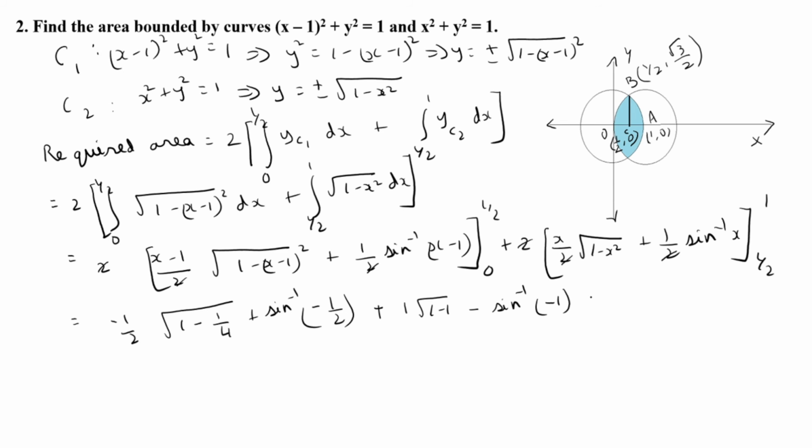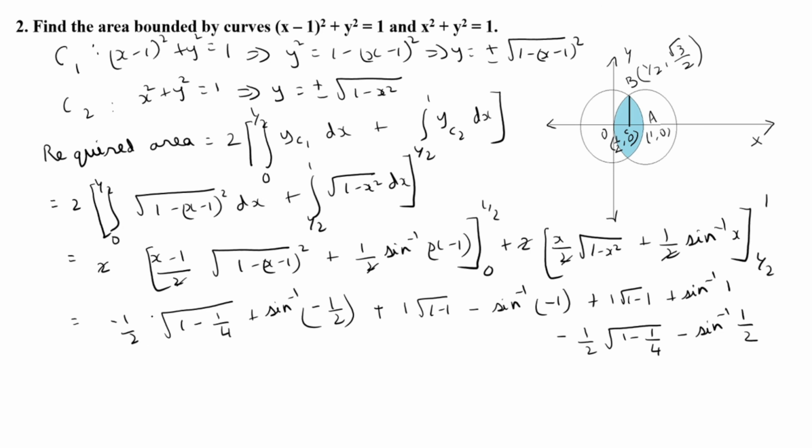Here we will have plus 1 into root of 1 minus 1, which is 0, plus sine inverse of 1, minus half into root of 1 minus half square is 1 by 4, minus sine inverse of.